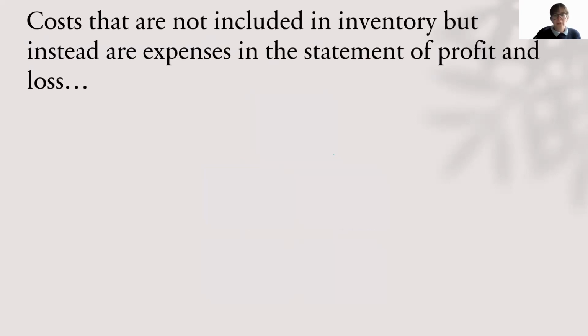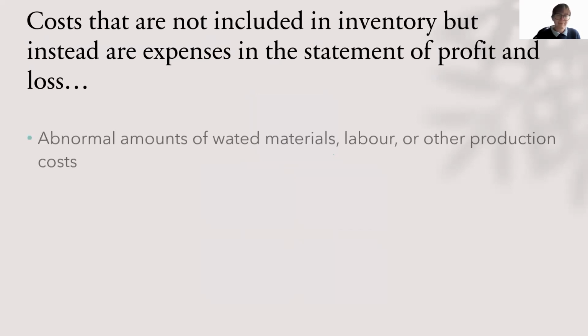So costs that are not included in inventory but instead are expenses in the statement of profit and loss are as follows. Do be careful with this because they will never be included in inventory in the financial statements.